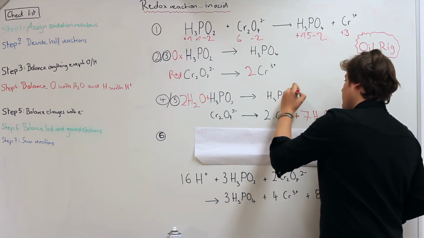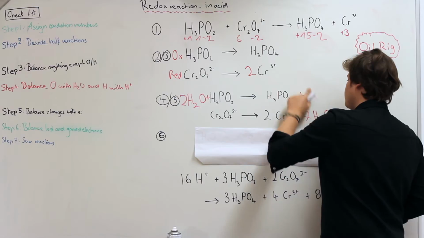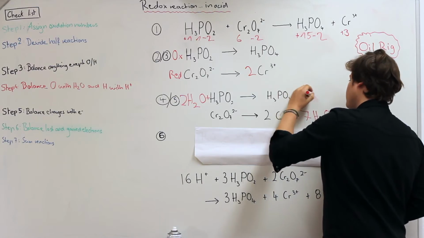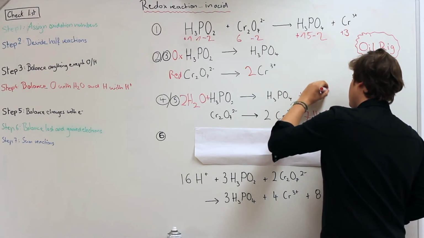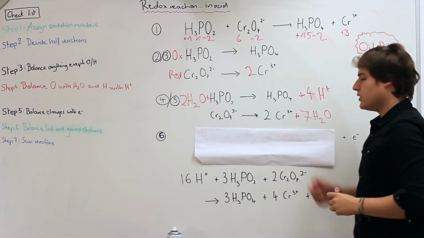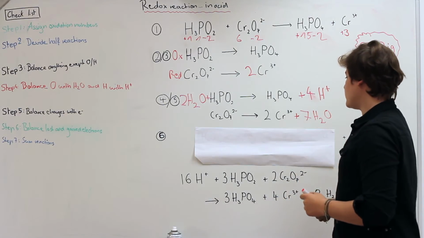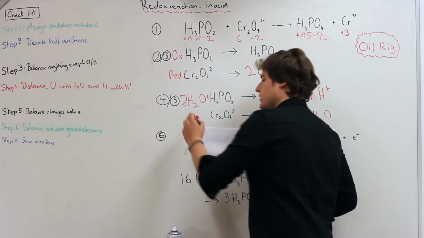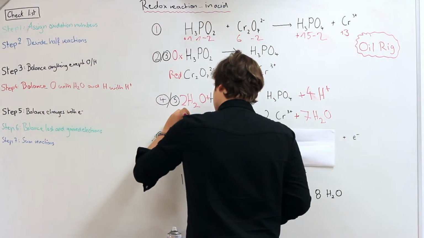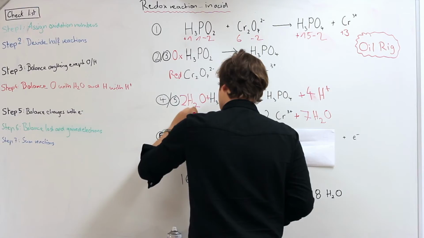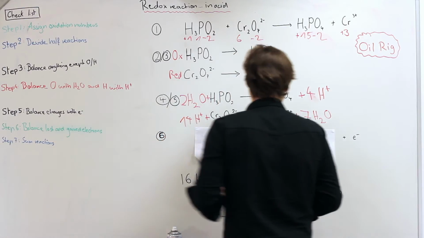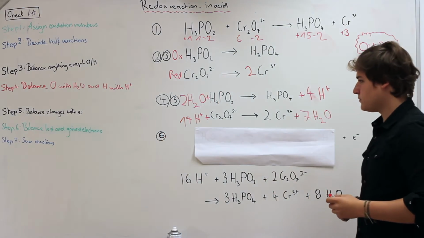So we add 4 H+ on this side. Here we have 14 hydrogens, so we're going to add 14 H+ on this side.